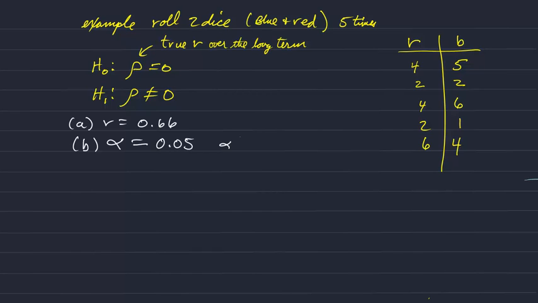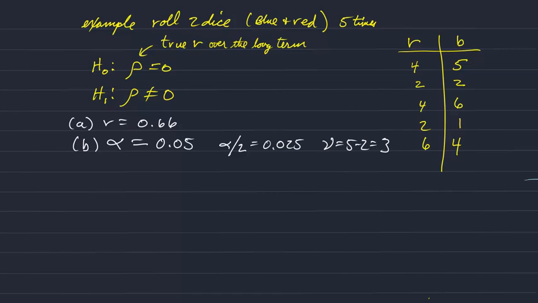This is a two-tailed test because we're testing whether it's equal to 0, and the correlation coefficient could be small or large, negative or positive. So alpha over 2 is equal to 0.025, and the number of degrees of freedom is 5 minus 2, equal to 3.